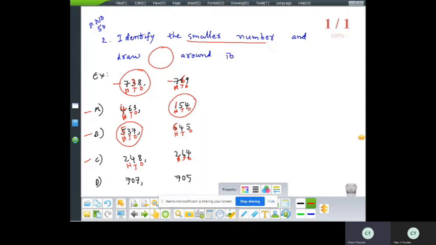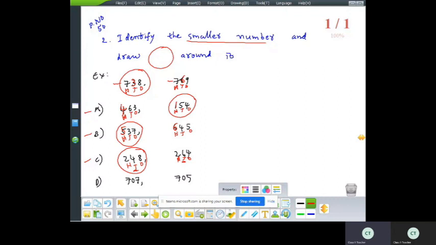Here the digit is 2 and in the other number also 2. The digits in the hundreds places are the same. Next we go with tens. The digits in the tens place are 4 and 6. From 4 and 6, 4 is smaller than 6. Then 248 is a smaller number than 264.